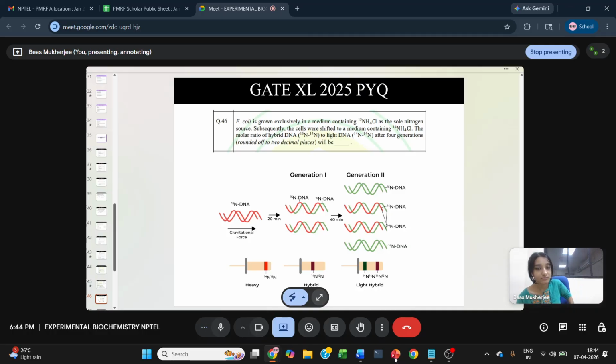Okay, right? So initially there is this 15N DNA, and then in generation 1 there are 2 copies of 15N-14N DNA and 2 copies of 14N DNA, right? And then in generation 2 there are what? They are in the ratio 1:3, because there are 2 hybrid copies, but 1, 2, 3, 4, 5, 6, right?